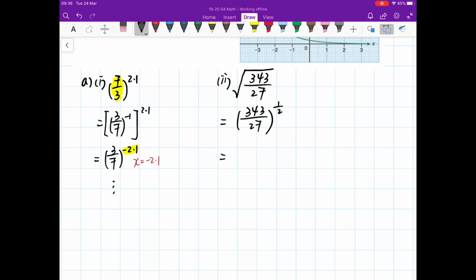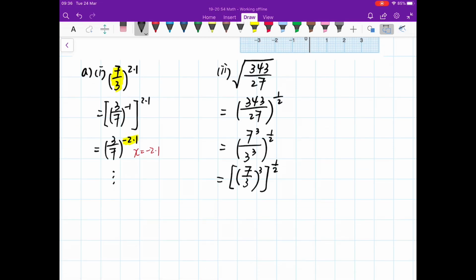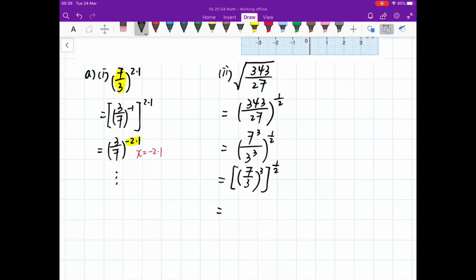For 343, that is 7 to the power 3, and for 27, it is 3 to the power 3. So it can be changed into 7 over 3 to the power 3, and to the power 1 over 2. Therefore we have 7 over 3 to the power 3 over 2.